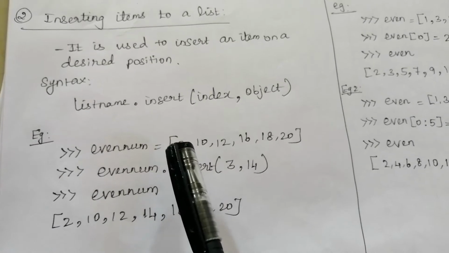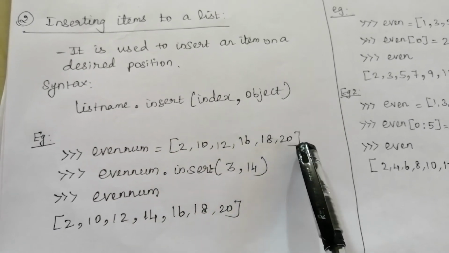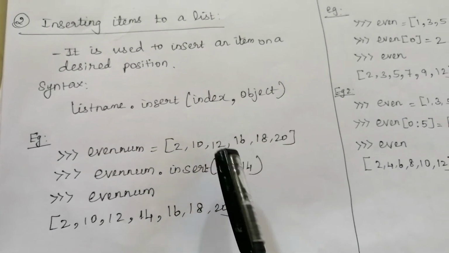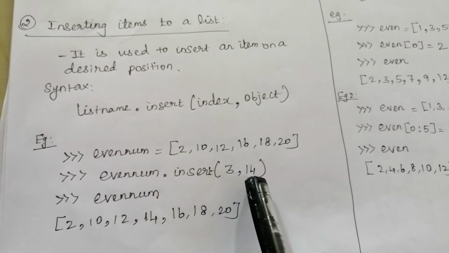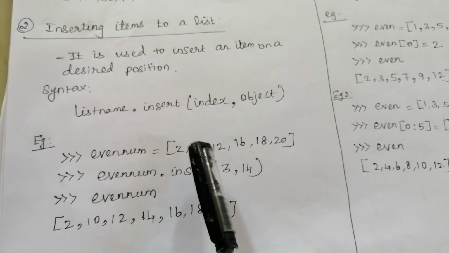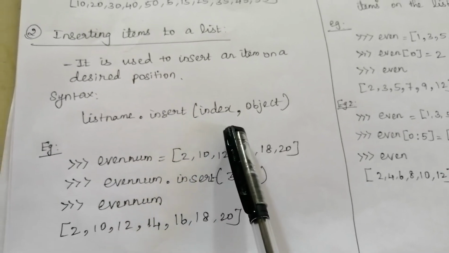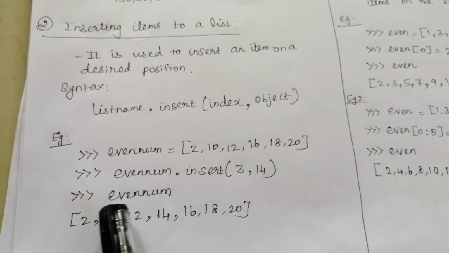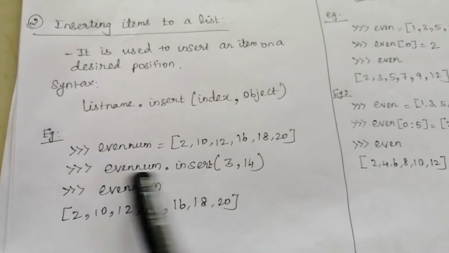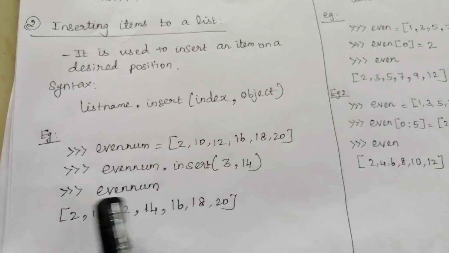Here the elements are 2, 10, 12, 16, 18, 20. Now you want to insert an item at position 3, with the value 14. So this is the 0th position, 1st position, 2nd position, and at the 3rd position the value 14 will be inserted. So this is the output. After performing this operation, you can display the output like this.